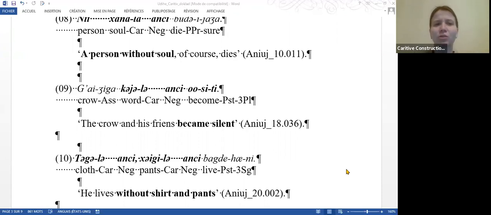Especially after your reply to Aura, I understand that probably I don't understand very well how anchi can be used without la, in what functions. For example, again, can you use anchi if you want to express I don't have a house or I don't have a dog?